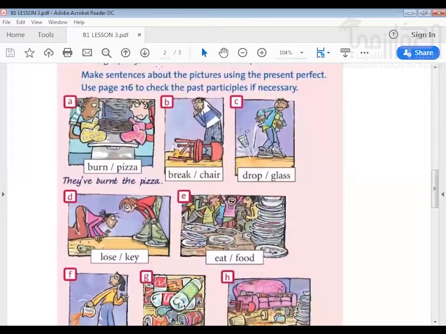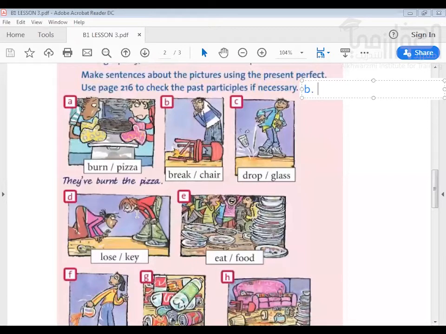Now B, so let's see whether we can have the answers here. What do you think the answer will be? We have the verb break, and this is only one person, so he. So he has, and then the verb 3 is broken. And then we add the chair.